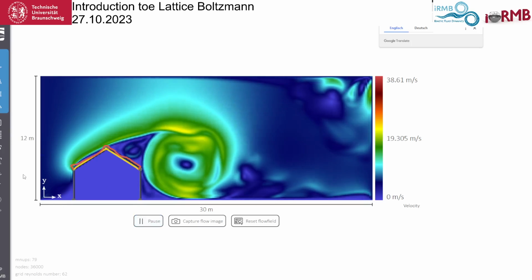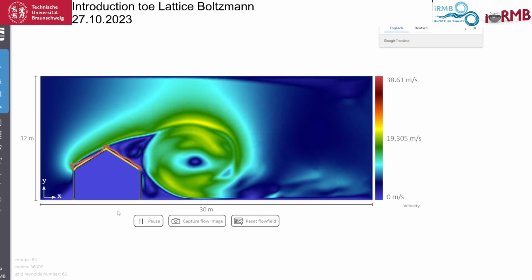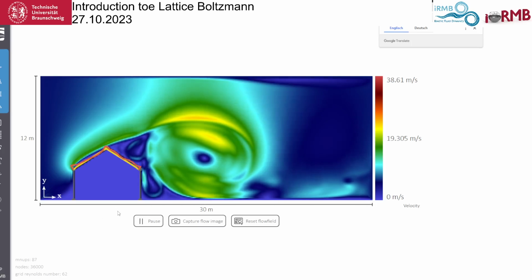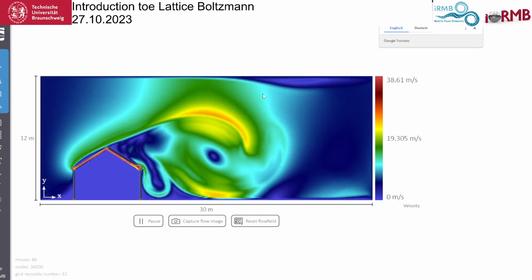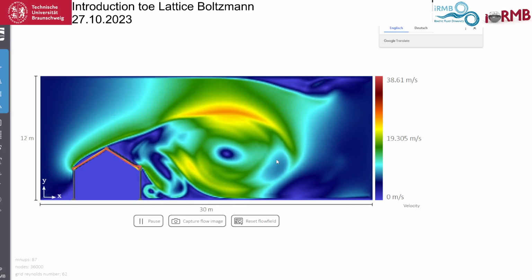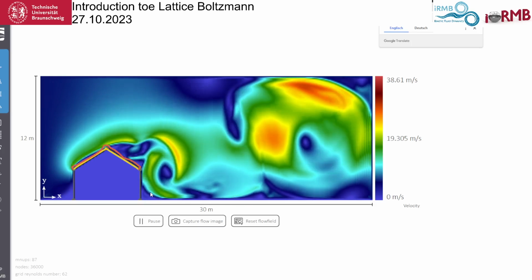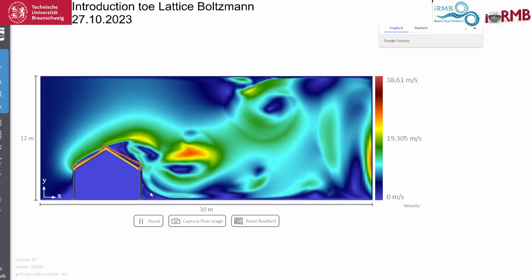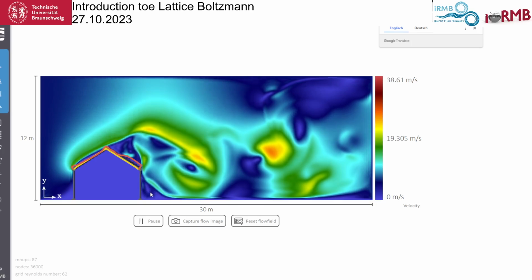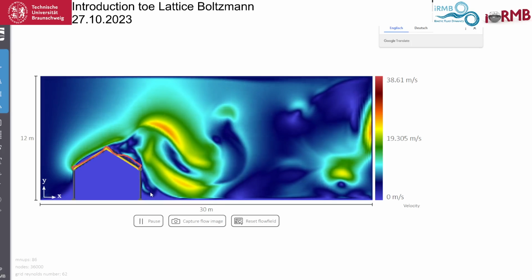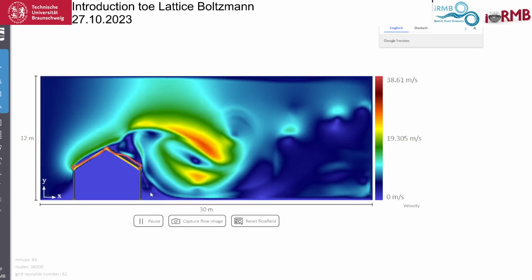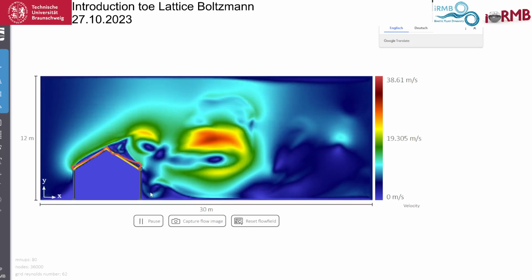We're not going to talk about interfaces, of course, but the theory behind the method. What he has implemented here from a theoretical or numerical point of view is the level of what you learn in this lecture. So at the end of the lecture, you should be able to implement something like this.